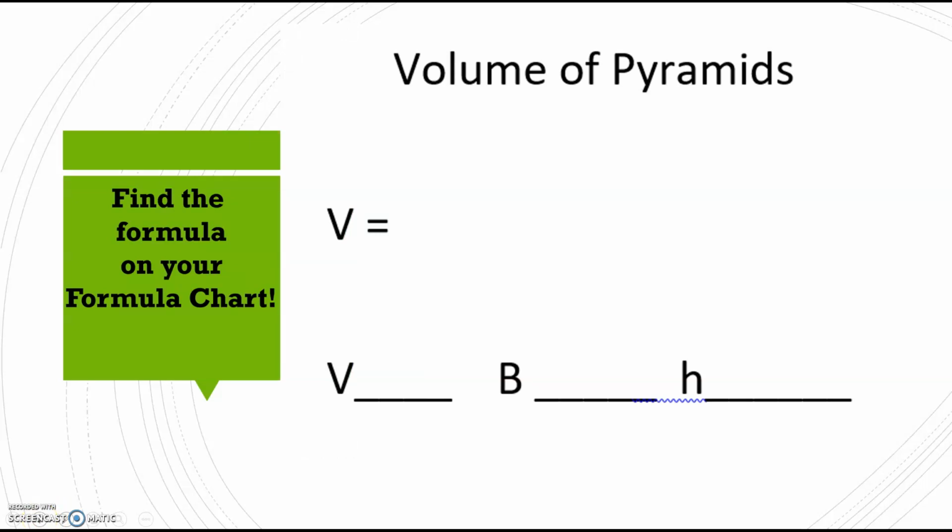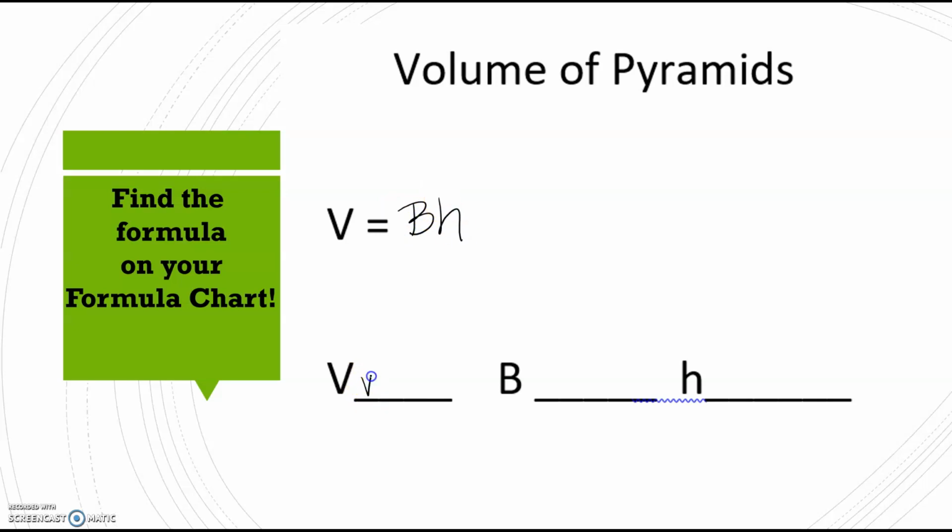All right, so now you're going to go ahead and be finishing your foldable from Wednesday. So what you're going to do is we're going to start by finding volume of a pyramid. So it says volume equals big B times height.